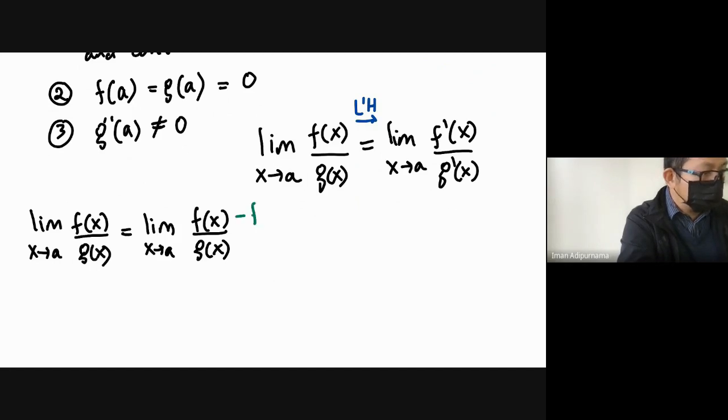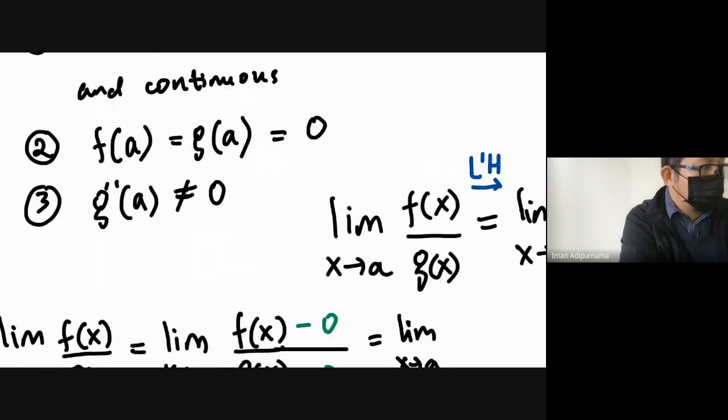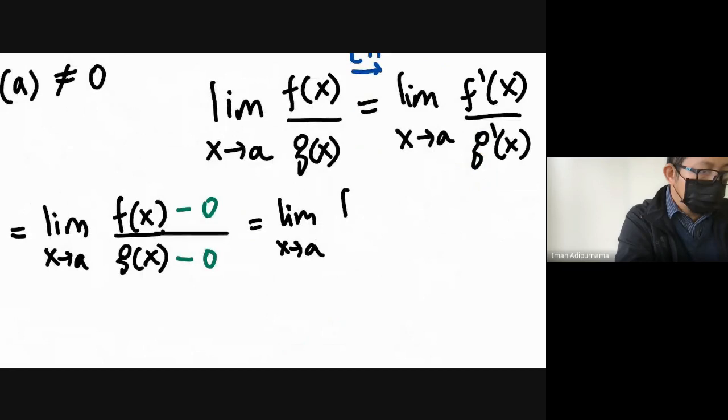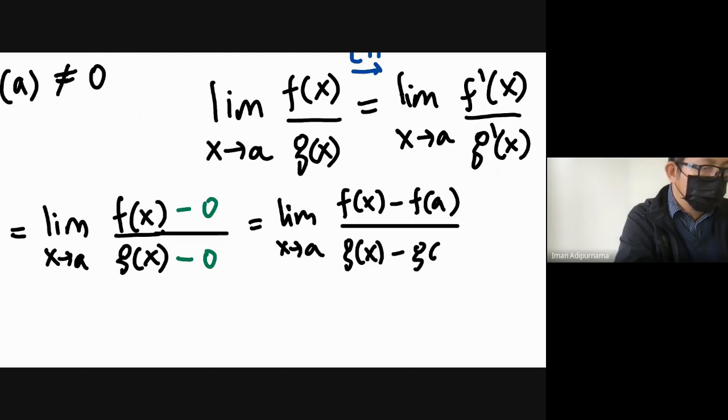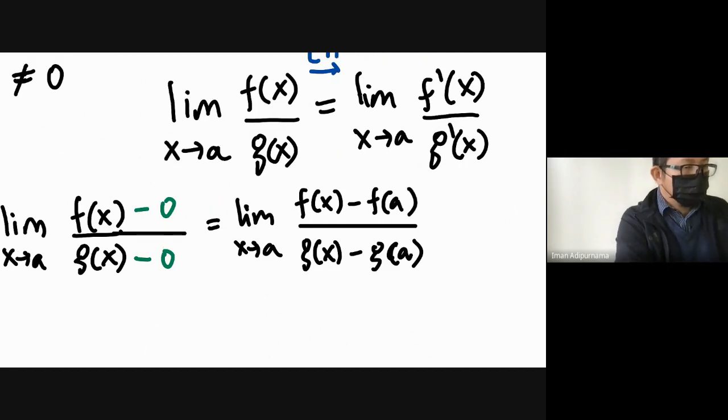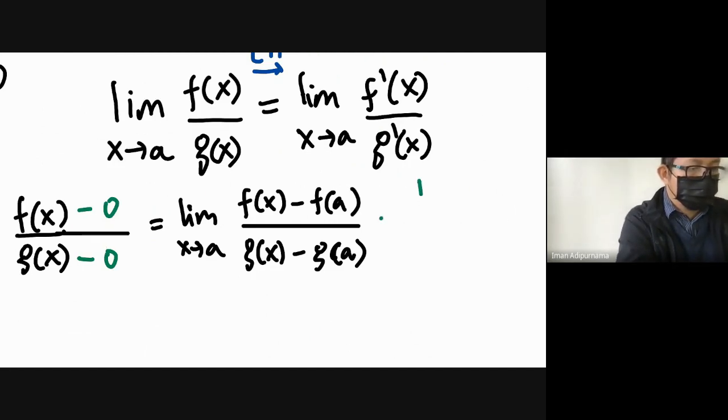I will minus this with f of a, or I will minus this with 0. I can do that, right? Because it's just 0. And then we can also conclude that f of a and g of a are 0. Then we can also change this into this, and then we can multiply with this.